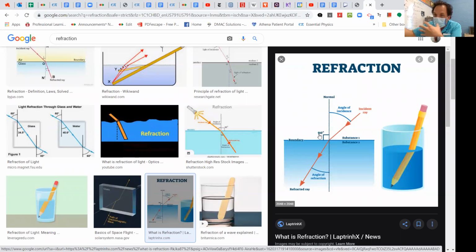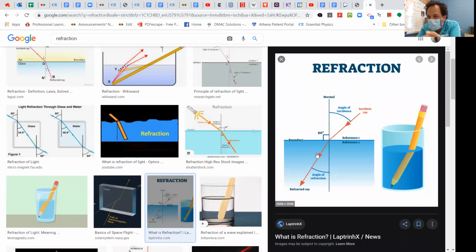So these light waves are coming at you, but if they go through different substances, it changes the speed or the direction of the wave. And that's why if you've ever looked at things underwater, you can't actually hit them. You have to account for refraction, because where things look like they are, they really aren't, because the waves are going through water. So that's refraction. And this is the type of stuff you're supposed to do with the vocabulary.